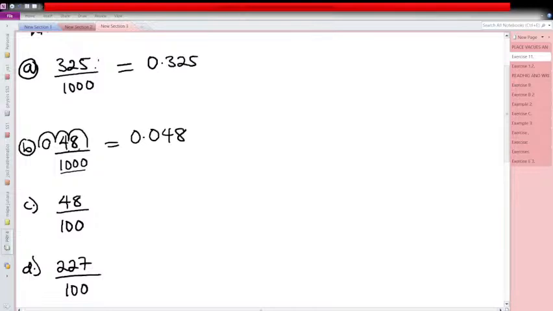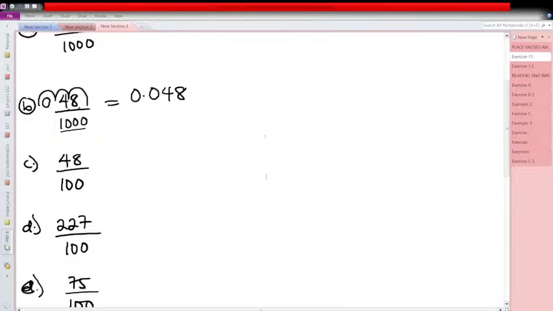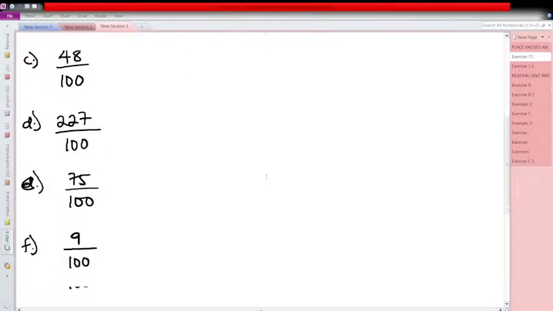Okay, C is correct. So let me see the solution to D. D, you said is 0.